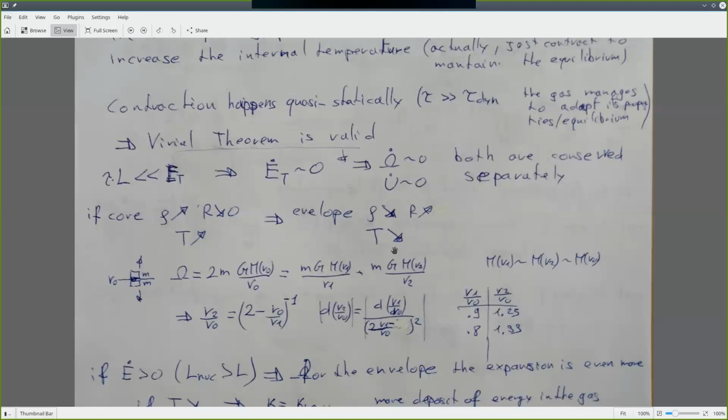This is what causes the giant: the core collapses and the envelope expands, becoming something really big. When the Sun becomes a giant, it will change from one solar radius to essentially up to the orbit of the Earth, that is like 200 solar radii.